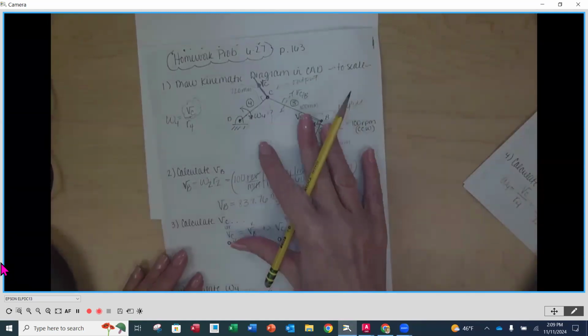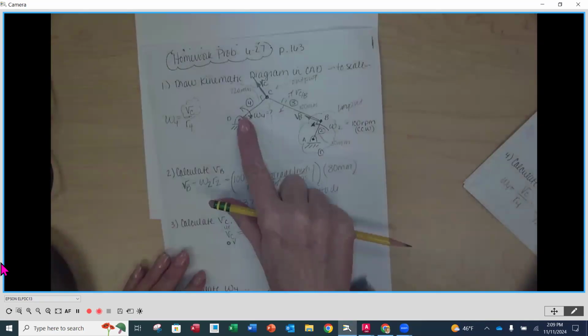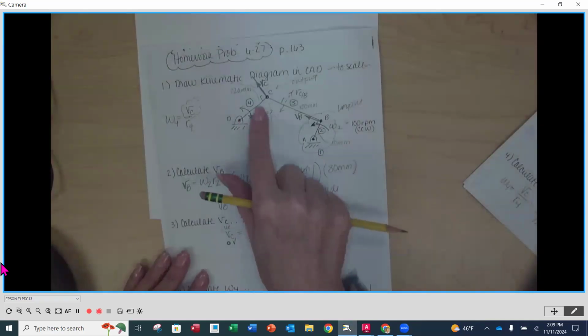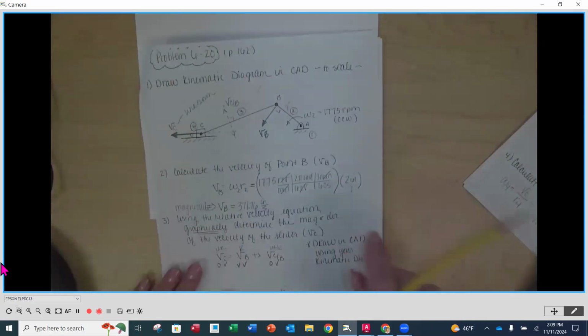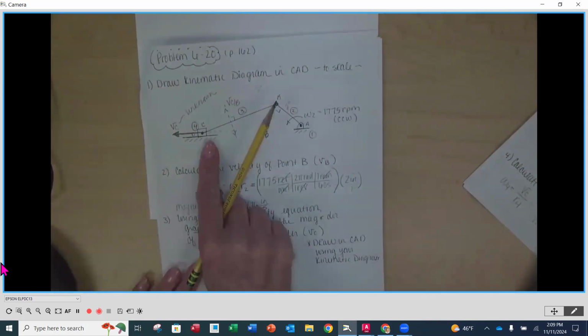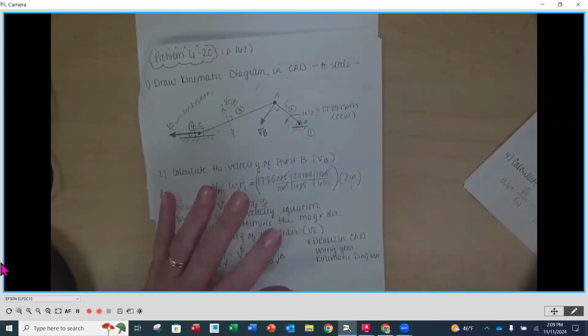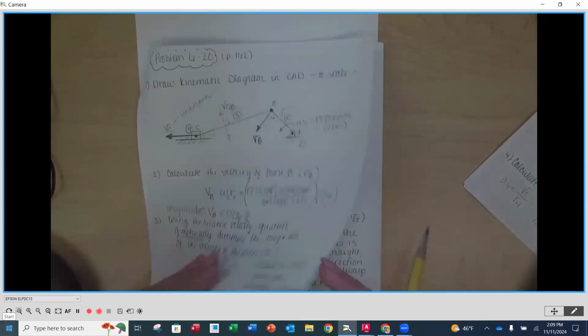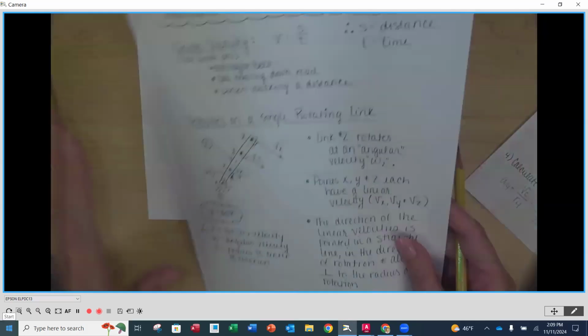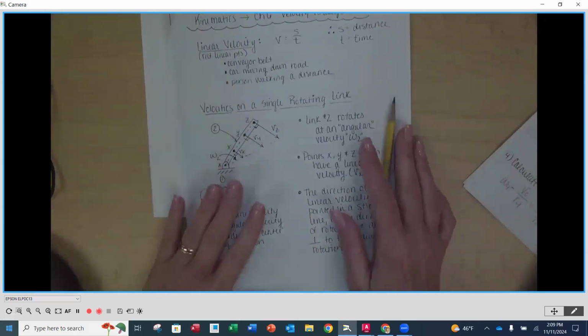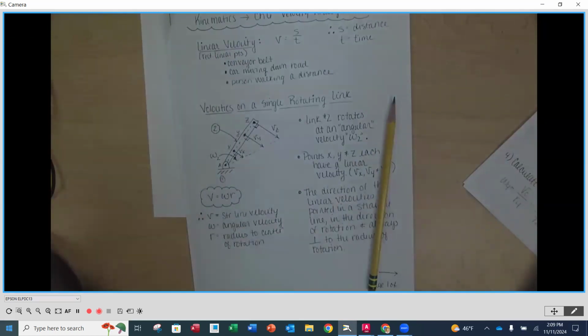We did one that was a crank mechanism with an oscillating output, and then we also did one that was a crank slider mechanism. Those are the two that you're going to encounter in your homework as well. So you have full problems of one of each. That concludes the practice problems that I was intending to go over to set you up for your assignment.